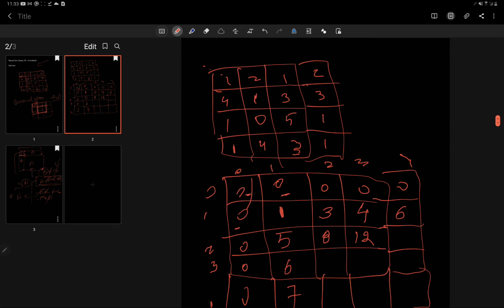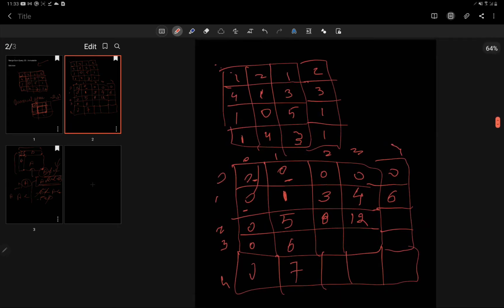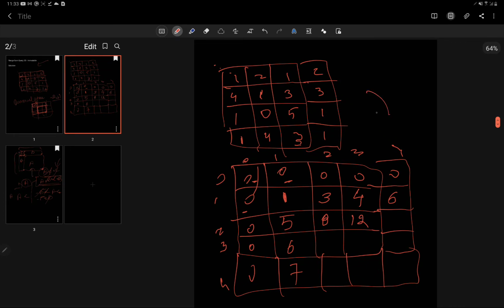So here is the example that I have taken, and I have constructed a slightly bigger matrix. You may wonder why I have taken a bigger matrix, one unit more than that. Because if we are at this position and we want to get the corner points, these points don't exist in the formula.